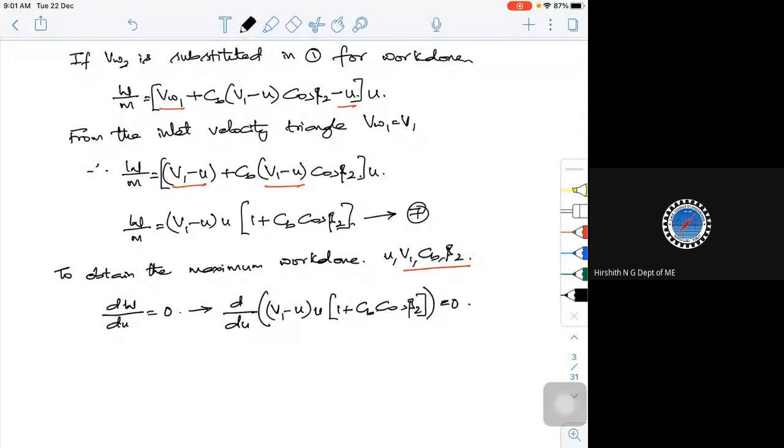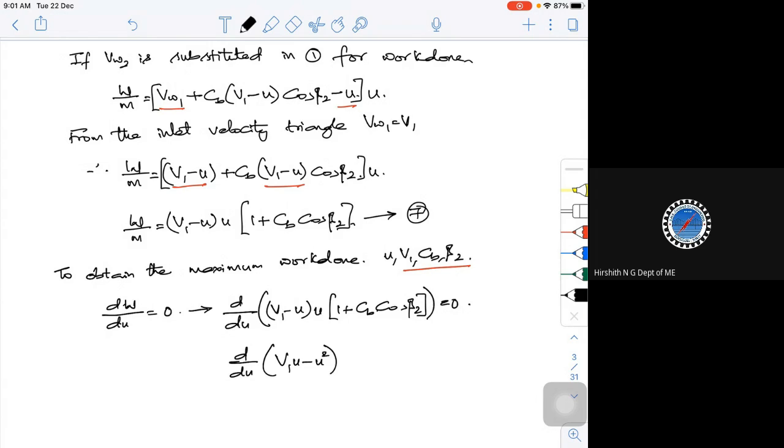If I differentiate, 1 plus CB cos beta 2 automatically goes off. So I am left with only d by dU of (V1 into U minus U square).